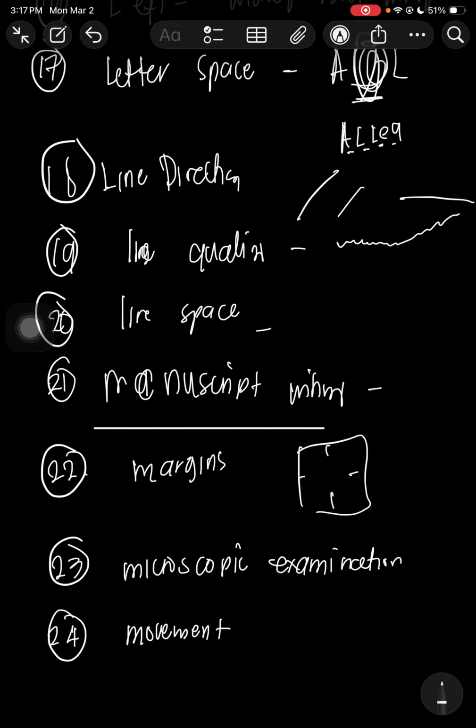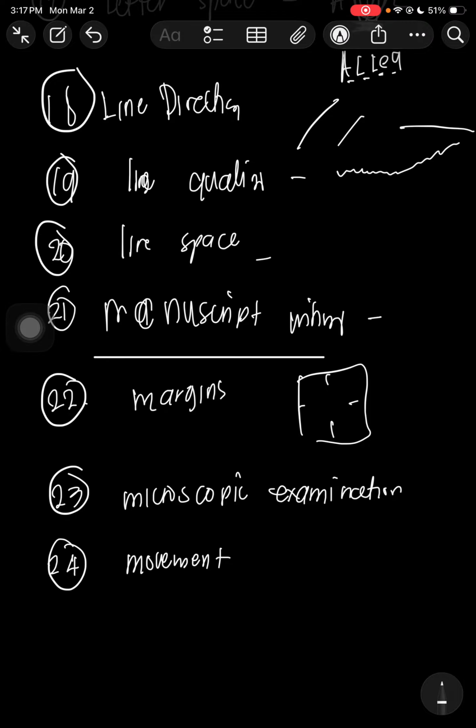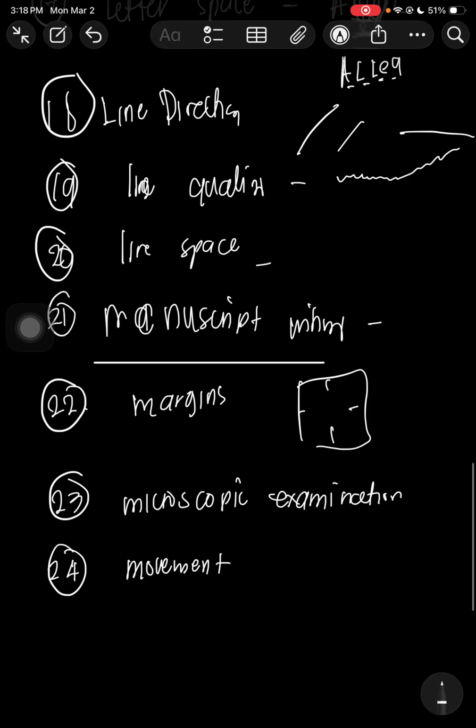Kasi sa rhythm, kung paano ka magsulat, yung quality doon na yung qualities ng sulat mo. So the manner in which the writing instrument is moved, that is by the finger, hand, forearm, or whole arm. Yun yung movement, ha.